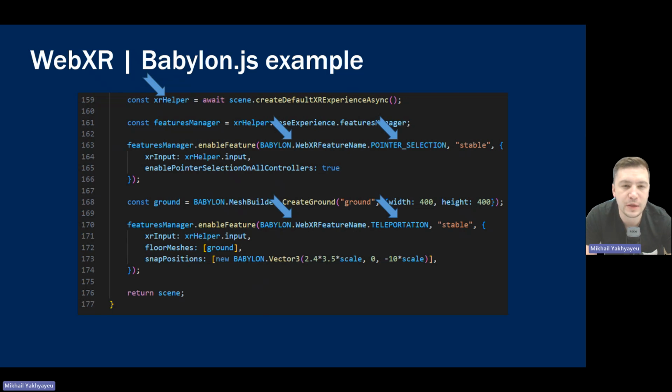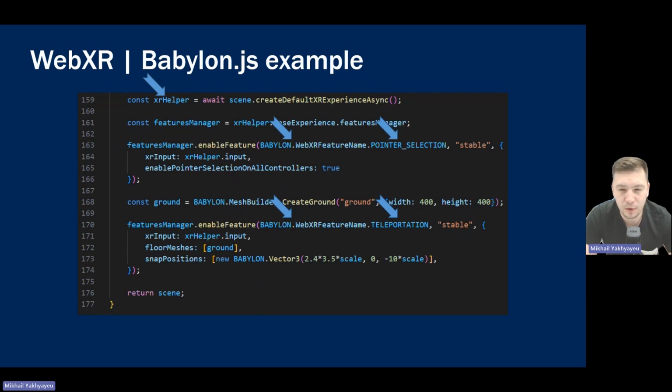You can see that the first arrow is pointing to the XR helper, and the second and third arrows are pointing to the WebXR feature called pointer selection. So we are adding the pointer selection from the XR devices into the scene.